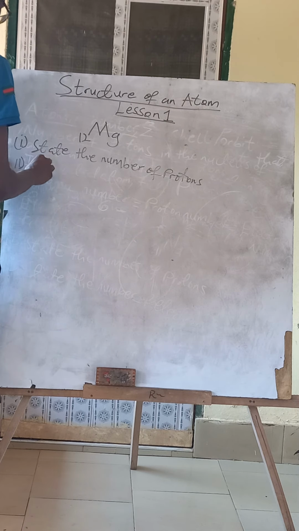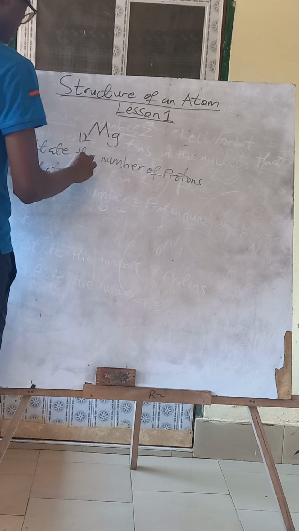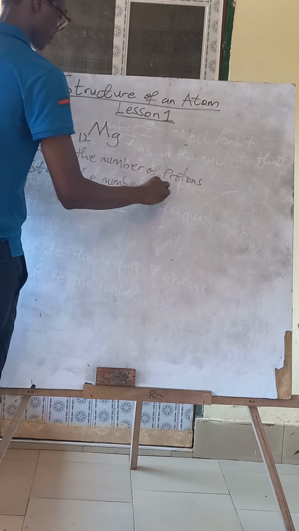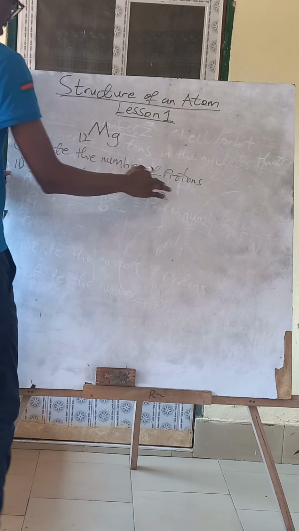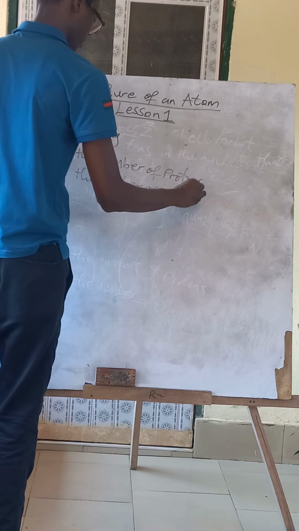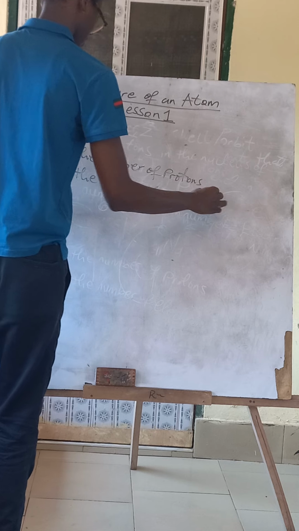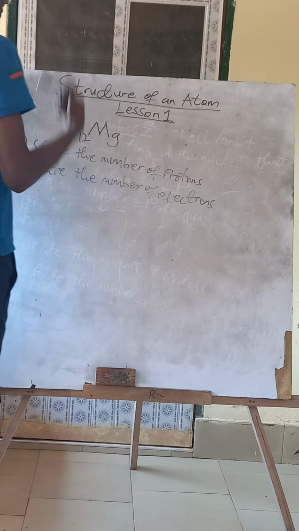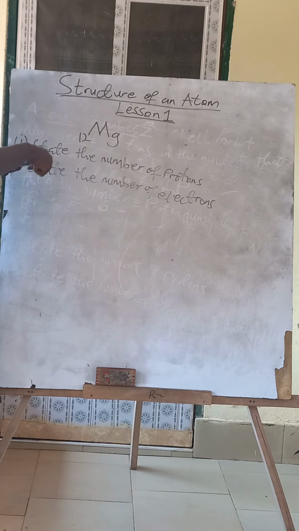II. State the number of electrons. Let me write it in full. State the number of electrons. Because this is an atom, atomic number is the same as proton number, is the same as electron number.